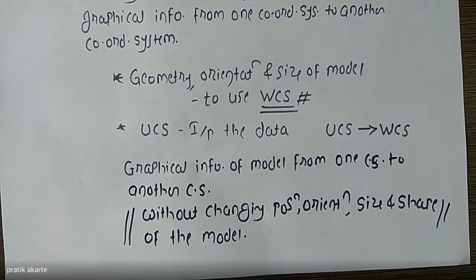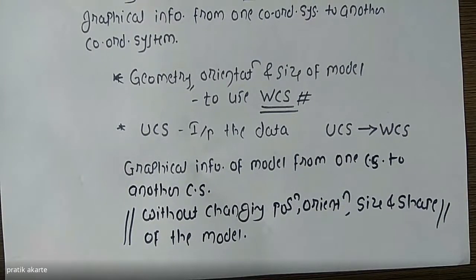There will not be any change in position, orientation, size, and shape of the model. Only the graphical information of the model will be changed from one coordinate system to another. So it is an exchange of graphical information between the various coordinate systems that the user is using. This is basically what we call geometric mapping.